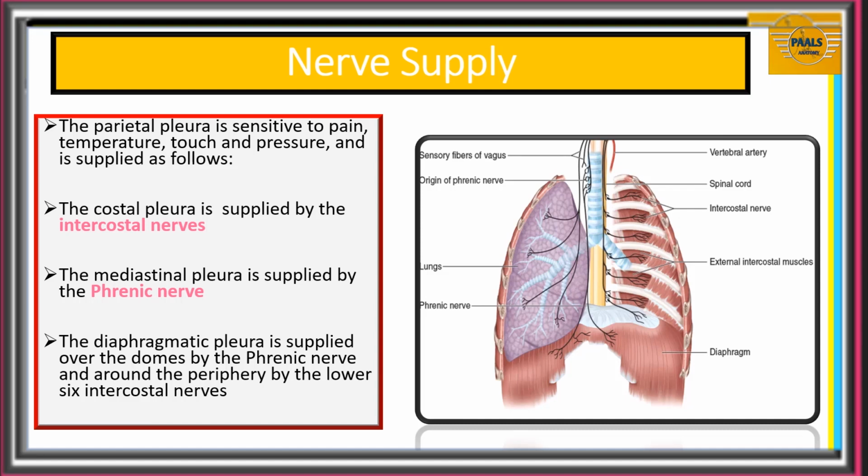The mediastinal pleura is supplied by phrenic nerves, while the diaphragmatic pleura is supplied by both the phrenic nerve and the intercostal nerve. The part of the diaphragmatic pleura that covers the dome of the diaphragm is supplied by the phrenic nerve, while the peripheral parts are supplied by the lower 6 intercostal nerves.